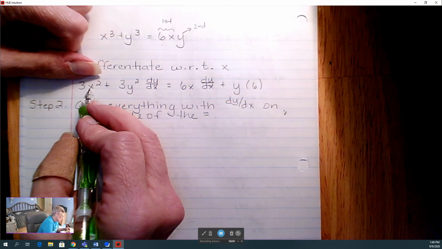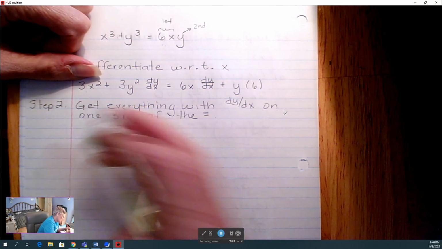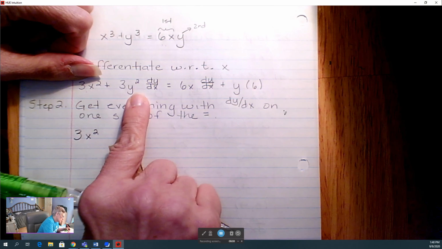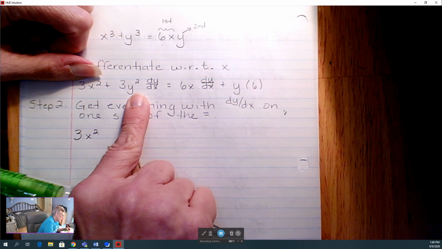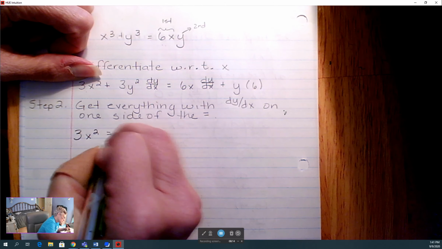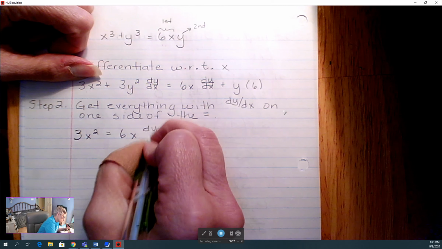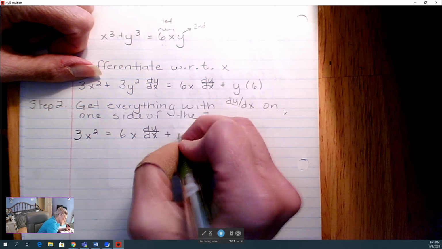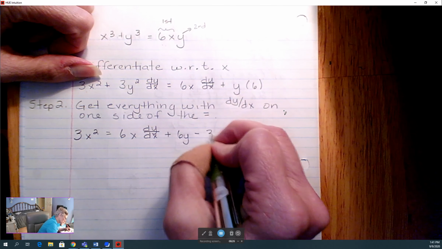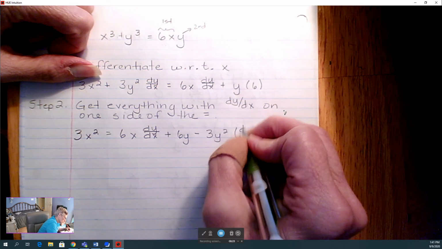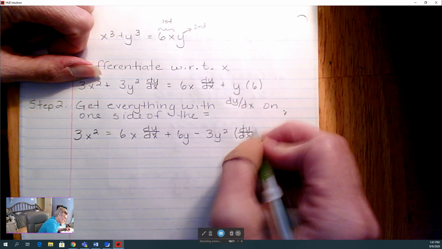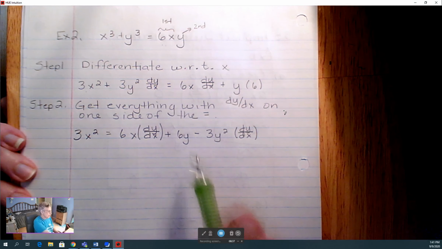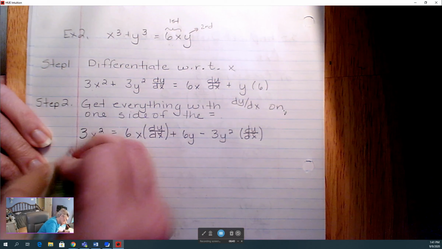But it doesn't really matter. So I'm just going to leave my 3x squared on the left-hand side and subtract 3y squared dy dx from both sides. And I'm going to write y times 6 as just 6y. And now I'm going to subtract 6y from each side and pull it over there with the 3x squared.